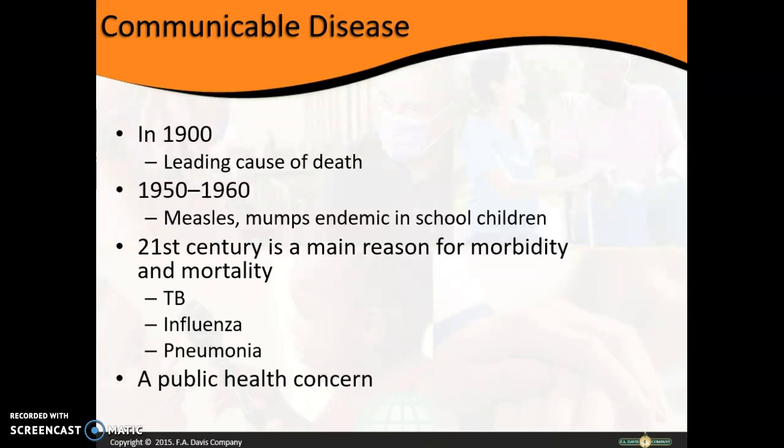We've already talked about this in class before, how a lot of these transmittable diseases or infectious diseases were the leading cause of death, and through a lot of work with education and making sure people understood how disease was communicated and prevention methods, in a lot of ways, communicable disease still continues to be a concern, but it's not as much of a leading cause of death as it once was.